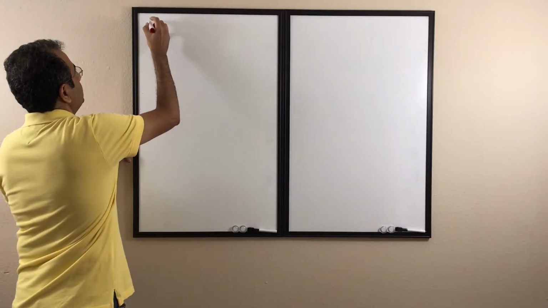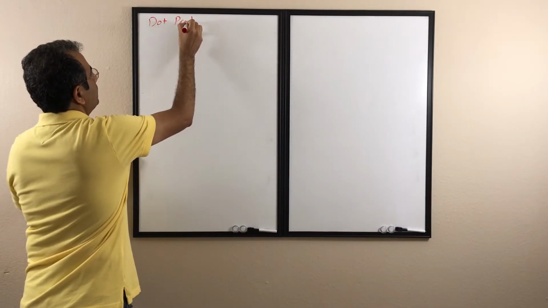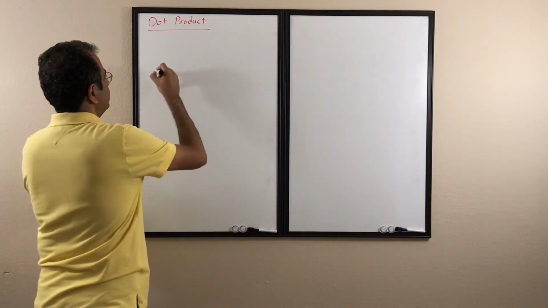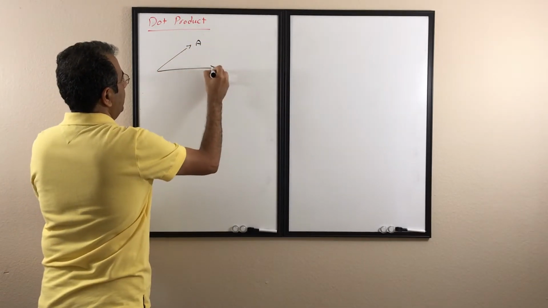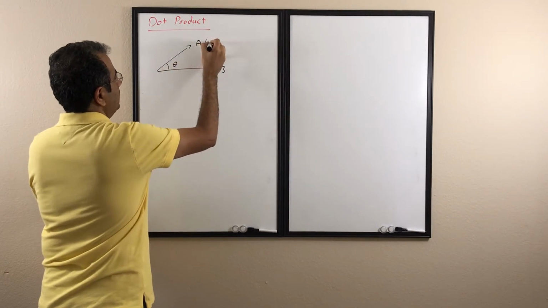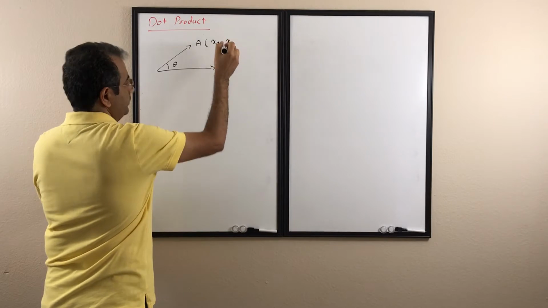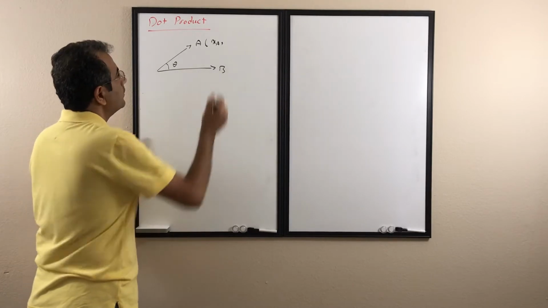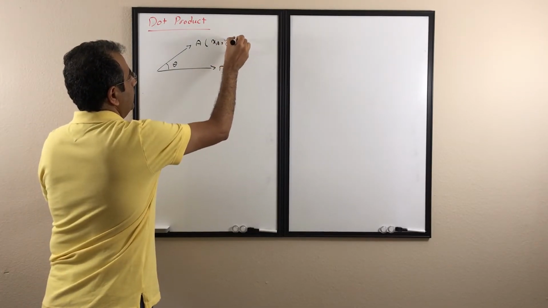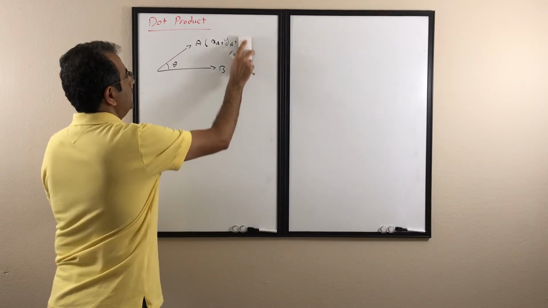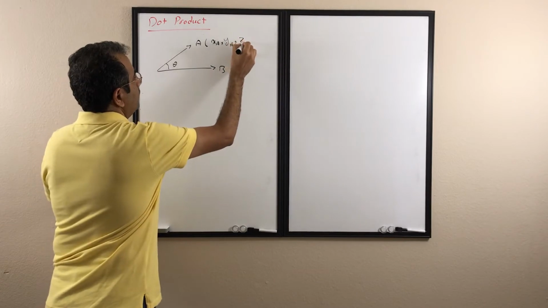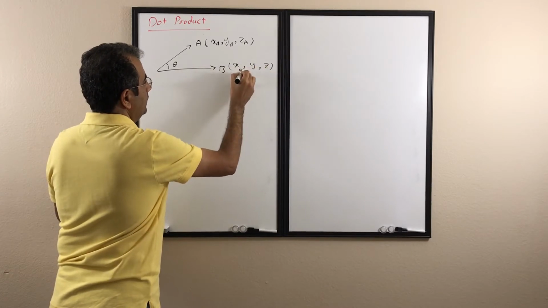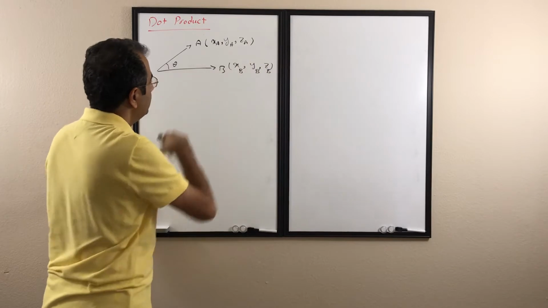So the dot product: if you have two vectors a and b with angle theta, a has components xa, ya, and za, and b has components xb, yb, and zb.